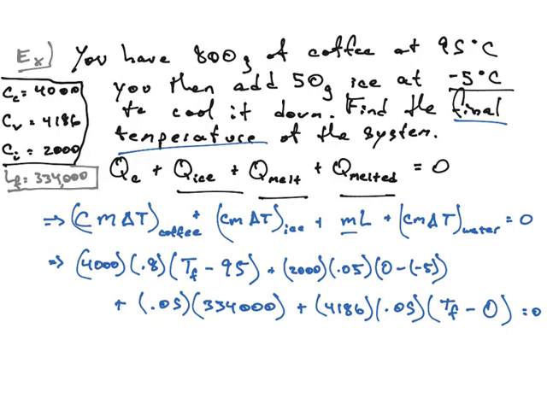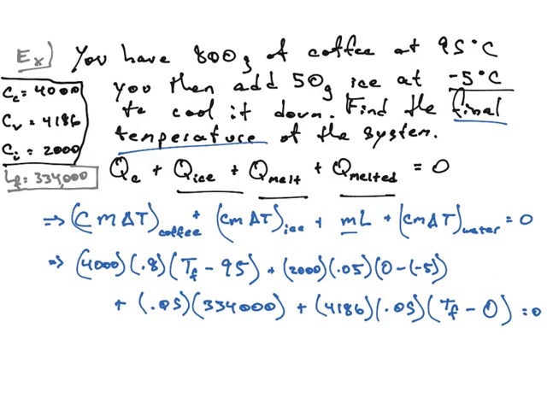Next term, Q melt, that's the latent heat piece. That's M times L. And the last term, Q melted. The ice is now melted. It turned to water, so C for water. How much of it do we have? The same amount as ice. And what's final minus initial? Final is the final temperature of the system, the thing I'm looking for. The initial was the ice has melted, so it must be at 0 degrees to start with.